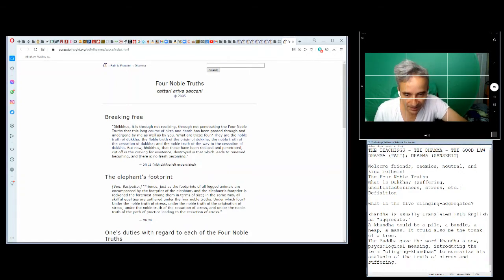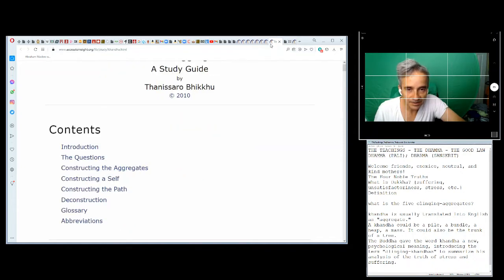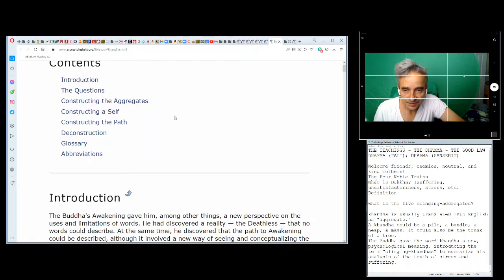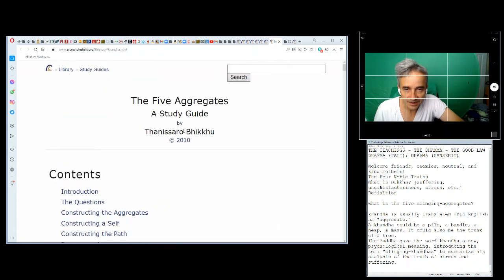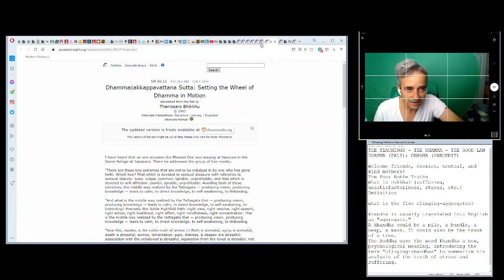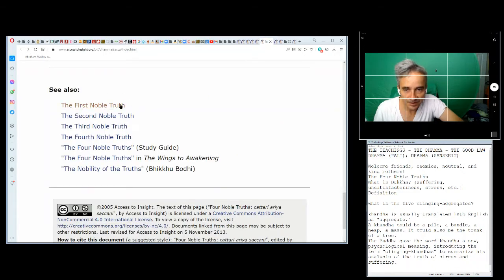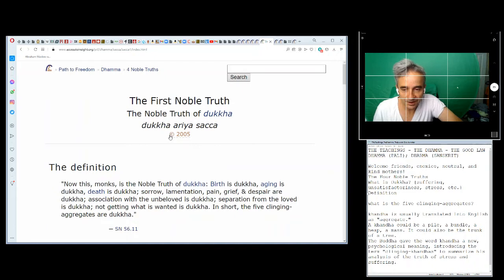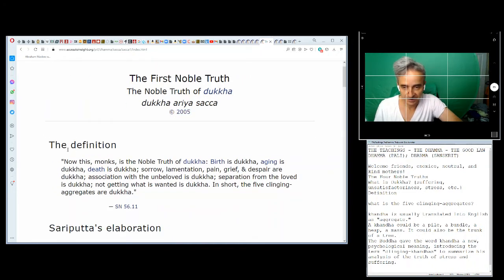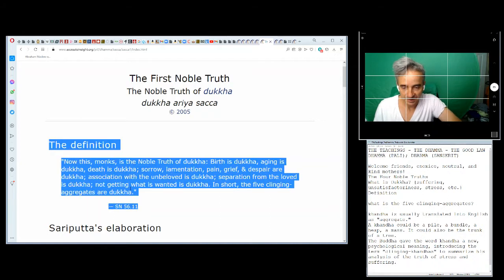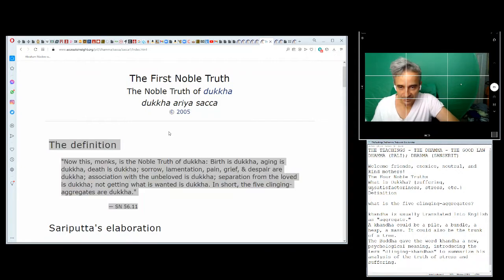It looks like, I was hoping that the definition of dukkha.